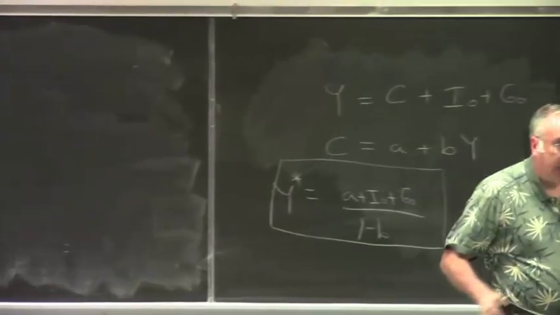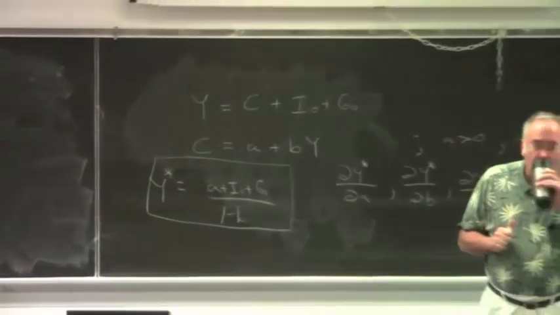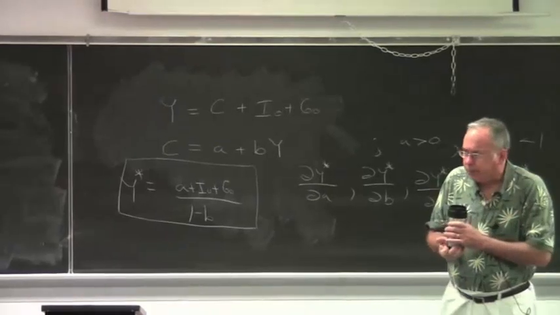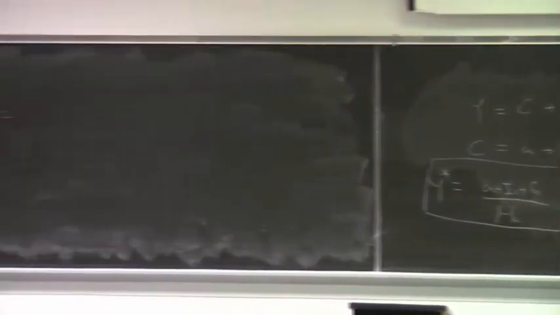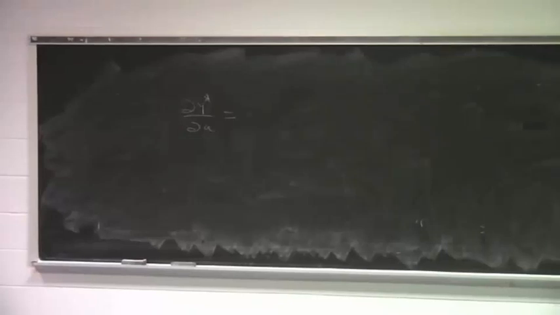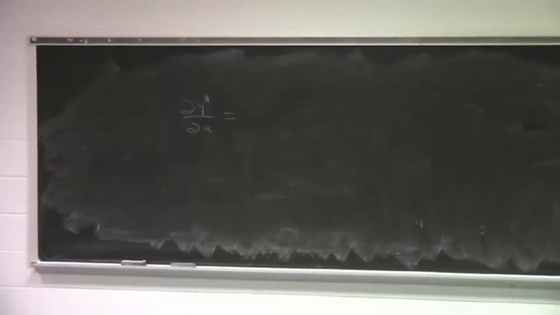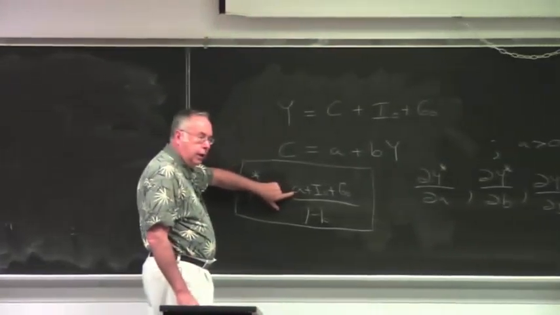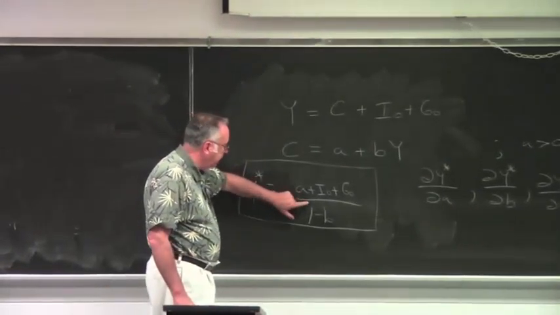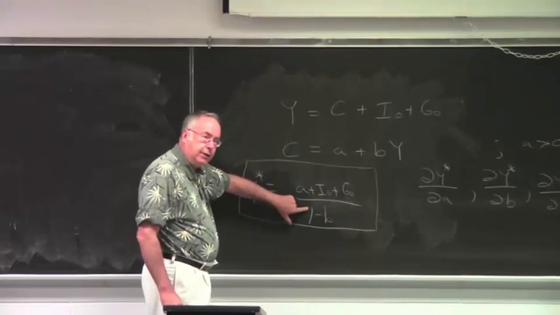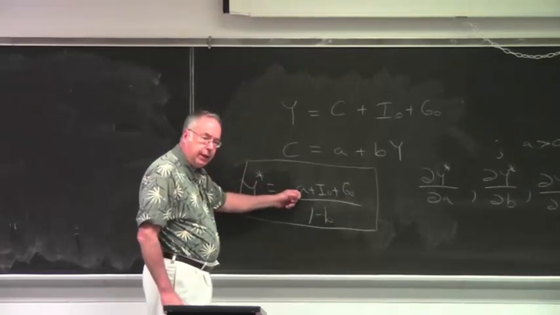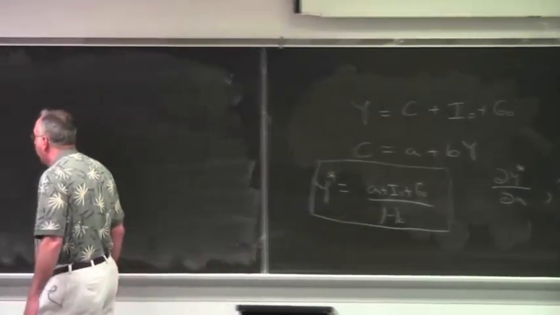What is partial Y star, partial A? Yes, Hal? Yes. The easiest way to do this is notice A appears only in the numerator, and the coefficient on A is 1 over 1 minus B. So that's the partial derivative of Y star with respect to A. It's just 1 over 1 minus B.